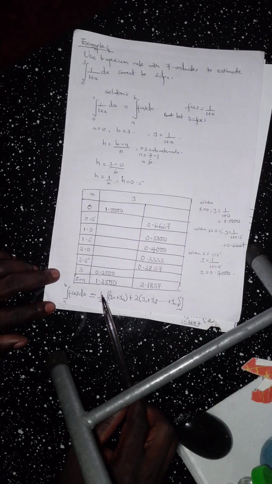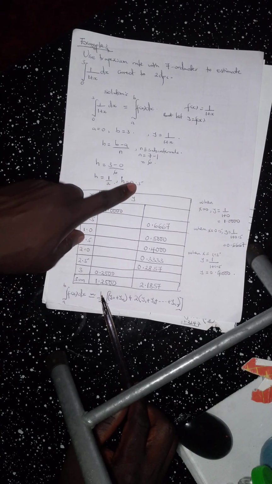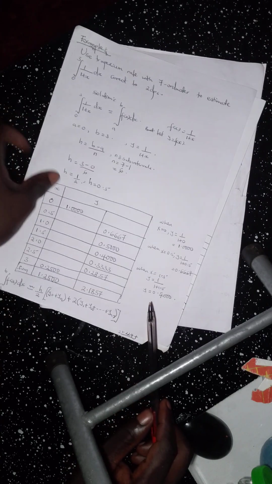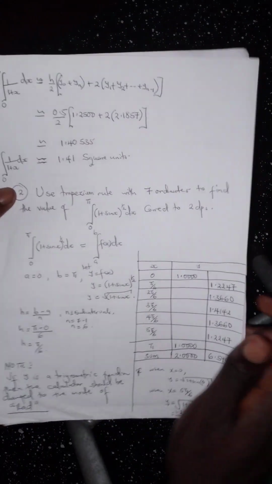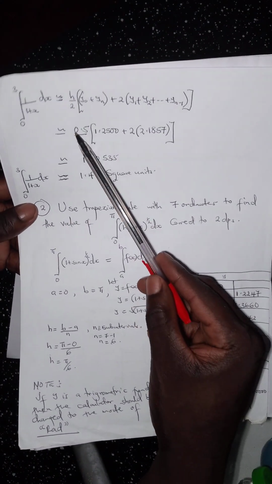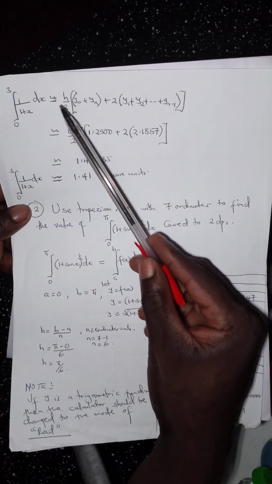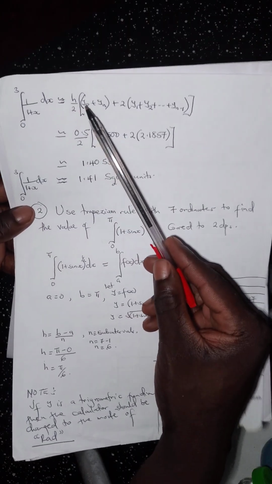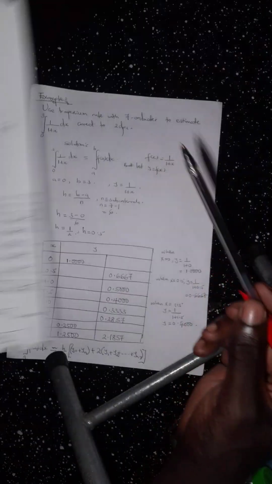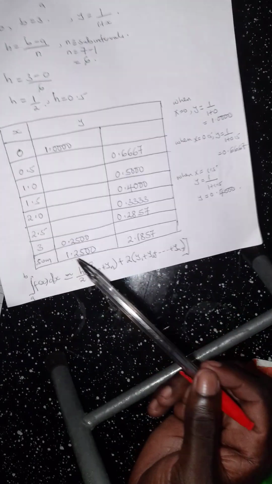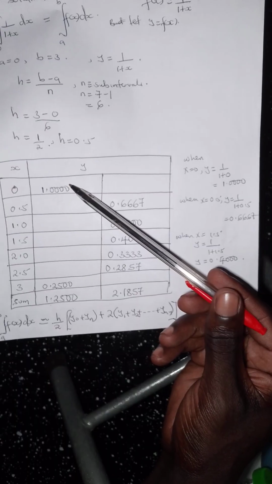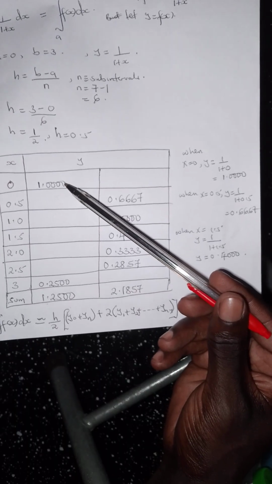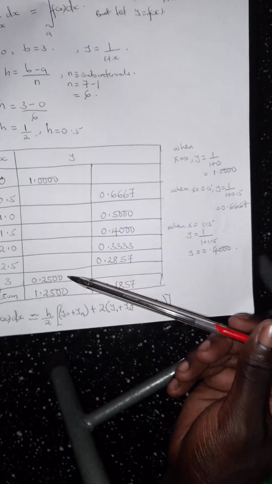So where there is h, we are going to put the 0.5, and we are dividing it by 2. Now where there is y naught plus yn, we are putting this value here, which is the sum of the first y value and the last y value.